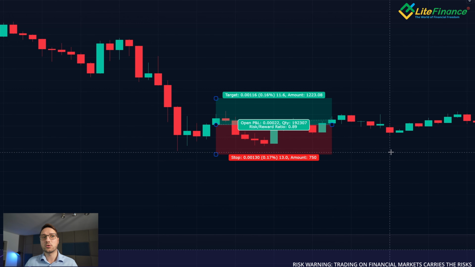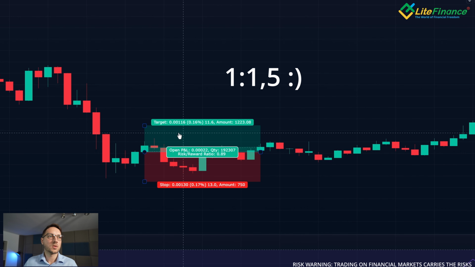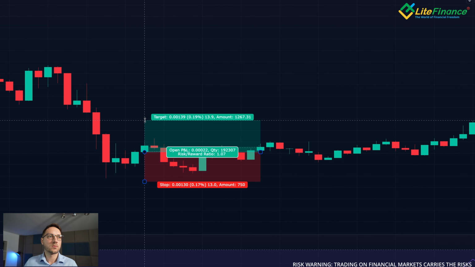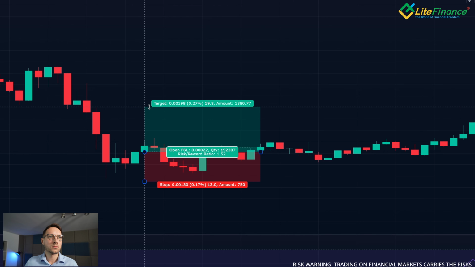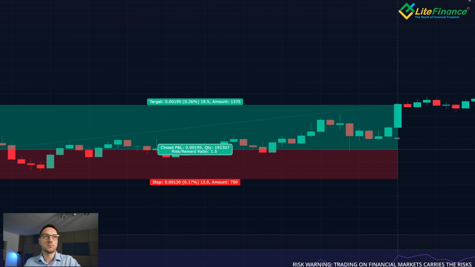The suggested risk reward ratio for this strategy is 1 to 1.5, so the potential profit is 1.5 times bigger than the potential loss. So let's spread this trade.